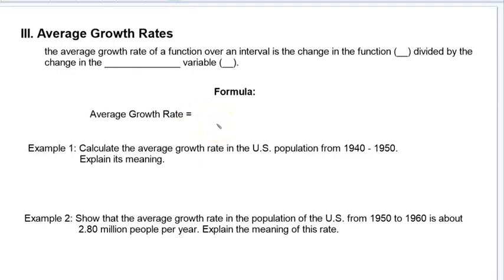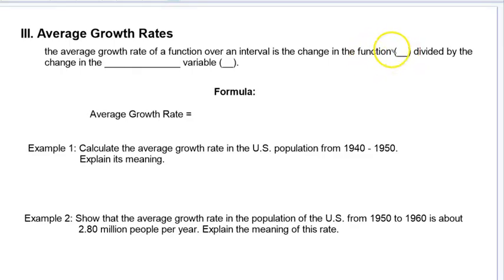Okay, what is the average rate of growth? And I think you're going to find this formula to be very familiar to what you did in the past. The average growth rate, we'll just do a little definition here. The average growth rate of a function over an interval, period of time, is the change in the function.